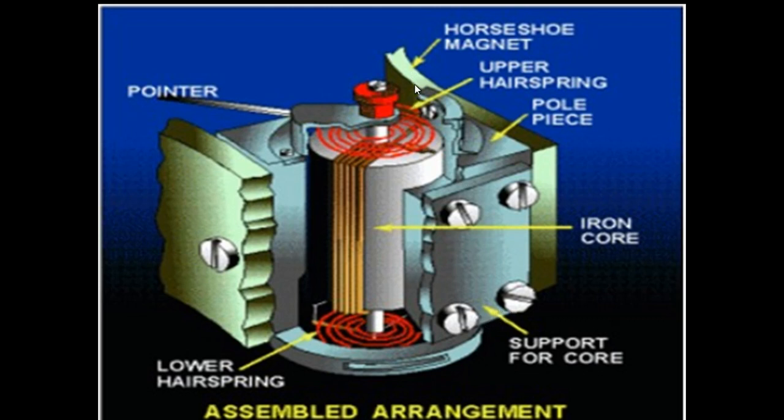This is the magnet. This is the pointer. This is the coil placed on an aluminum frame. And here we have the iron core in cylindrical form.